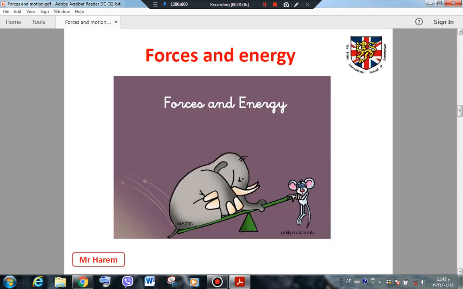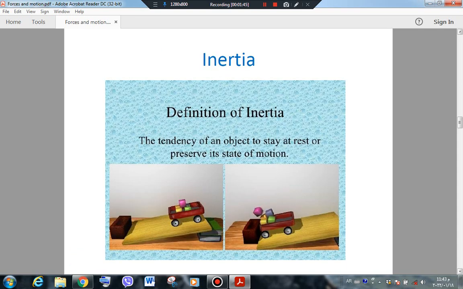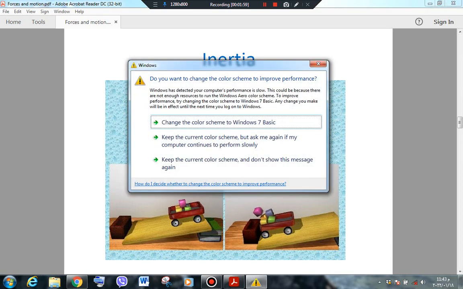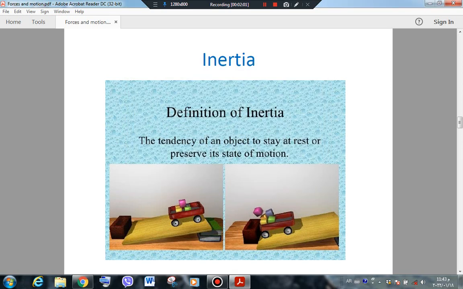Okay, so forces and energy. Let's see what we mean by forces and energy. Actually, the first thing that we need to concentrate on is why we need to use force, or why force is needed. If I tell you to move a car, you simply will tell me that the car cannot be moved by you.